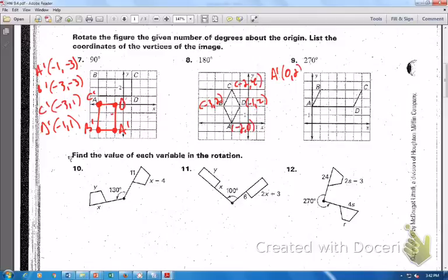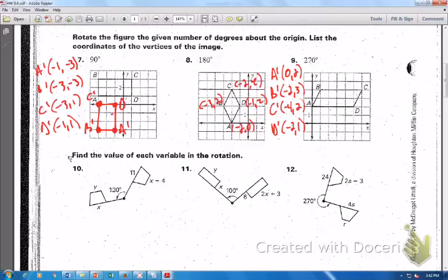A prime is going to be 0, 2. B prime is going to be -2, 3. C prime is at -2, 1. Oh, no, sorry. C prime will be at -4, 2. And D prime would be at -2, 1.